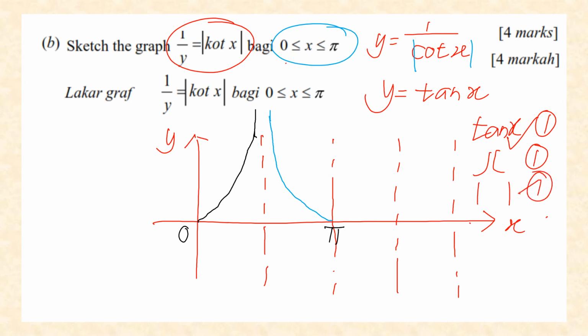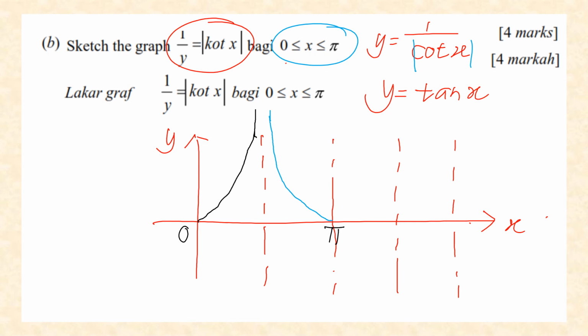For this graph, I can give only 3 marks. Because this is a state paper, we don't query the state paper's marks. I just want to make sure that you get this correctly. I erase this one first. So these are the 3 marks given for the graph: the shape, the range, and the modulus. Then after that, we go to part C.